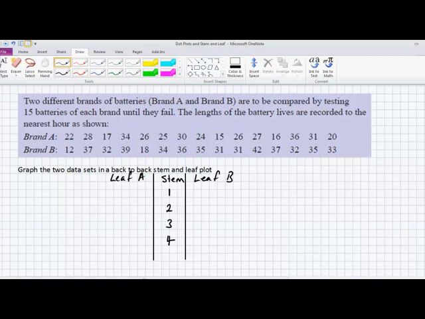Okay, so looking at brand A, now the left-hand side, or the leaf on the left-hand side, can be a bit confusing because you've got to read it backwards. Alright, so I'm going to try and put these in order right from the beginning. So I've got a 15, then a 16.